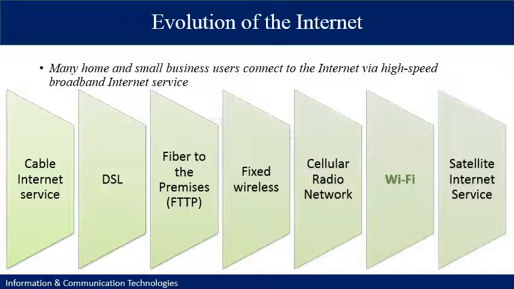Initially there were cable Internet services and DSL service, and with time fiber optics, or fiber to the premises, is also used in many commercial and individual usage, and there were fixed wireless networks as well.